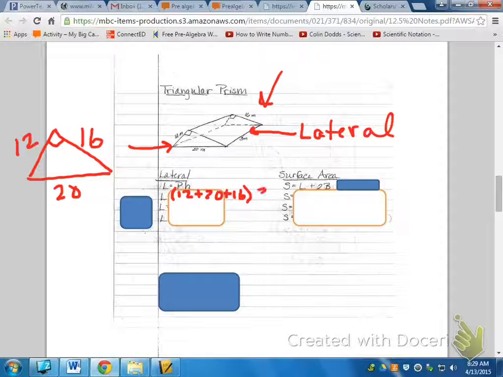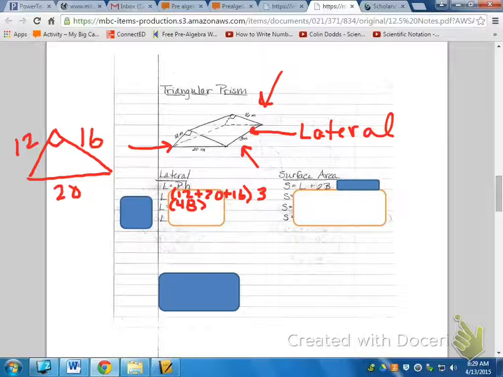It is 3. Yep, that's the height. It's laying on its side, so that's really weird to think of as the height, but that's the distance between the two triangles. It looks a lot bigger than 3 anyway, but I don't think I could draw it that small. Okay, order of operations says you do what's in the parentheses first. So 12 plus 20 plus 16 makes 48.